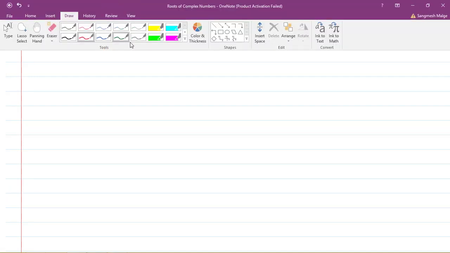So if I want to find the root of 6 plus 8i, definitely this is going to be a complex number only. Whatever the answer is, it will be a complex number, and we will denote that answer as a plus bi.